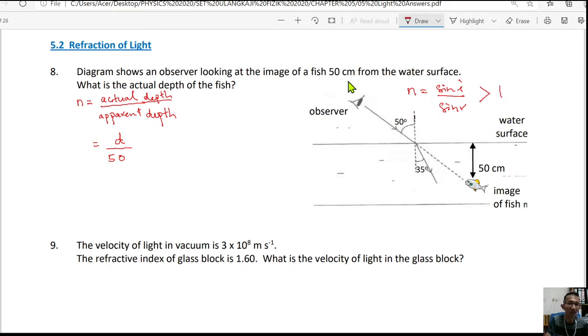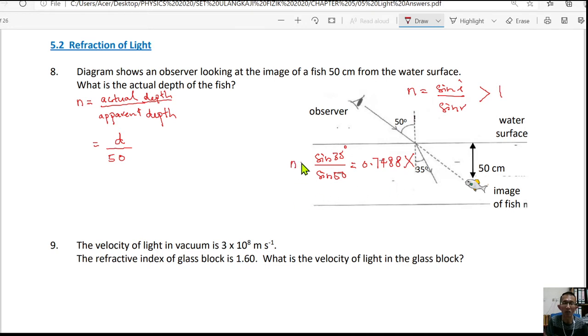Okay, so let's check. Suppose I have sine of 35 divided by sine of 50. What do you get? You will get 0.7488. So this cannot be the value for my refractive index, so I have to take the reciprocal.